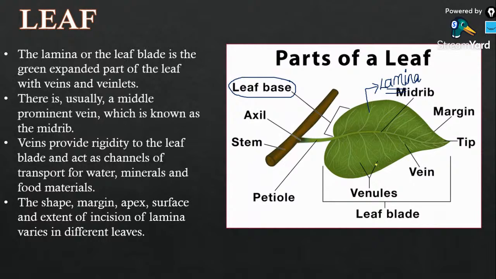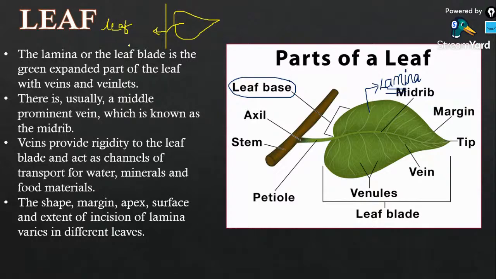Okay. Guys, the axil of the leaf. This is a stem. The part of the leaf which is attached to the stem, you will call the leaf base.